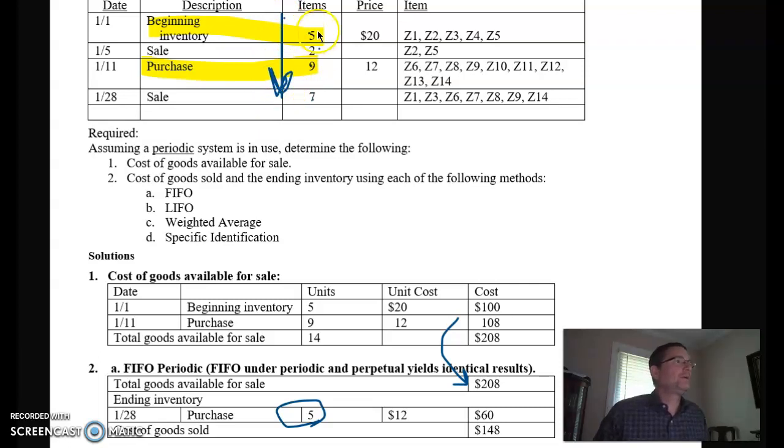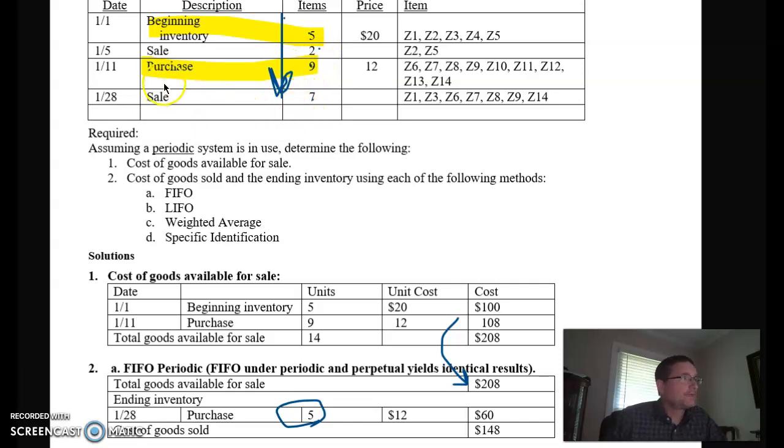So that means we would have sold all of the 5, and then we would have started working our way through purchases on the 11th as we worked our way down. So all of the 5 is gone. Now again, how many did we sell? We sold 9. So 5 of the 9 is sold. We need to sell 4 more. So that means there's 5 left of purchases. We also know there's 5 left, period.